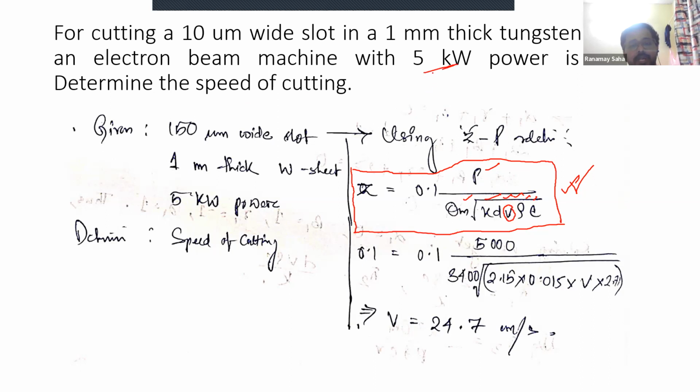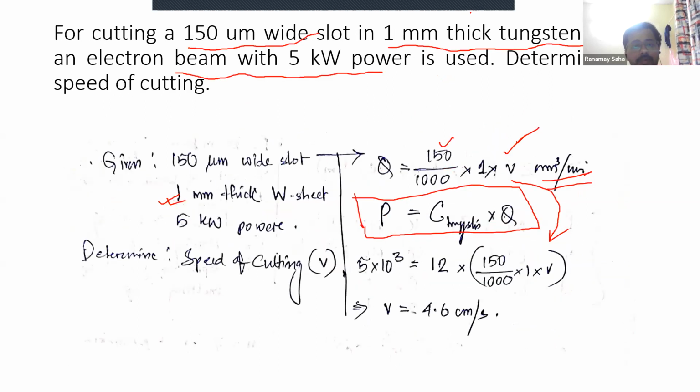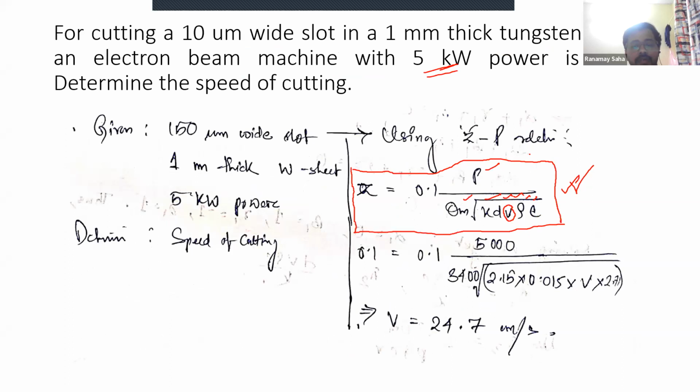Now, power rate is given here, and then the melting temperature for this tungsten. You can take that from the earlier problem, that was 3400 degrees centigrade.